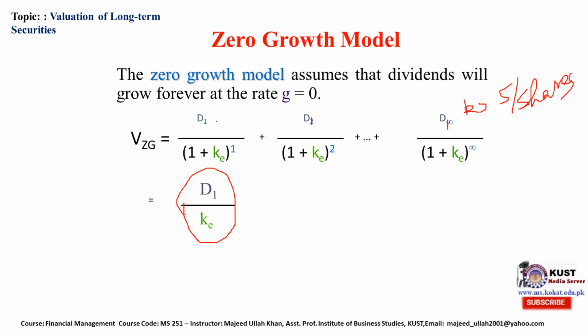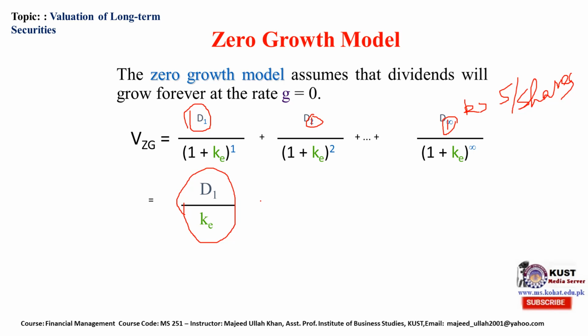You may say that it should be only D, because if there is no growth, why do we call it D1, D2 and D3? But D1 just denotes the year of the dividend. So in year 2 and year 3, these dividends are constant and the same. So this is the formula for the zero growth model, which is called the formula of the perpetuity.